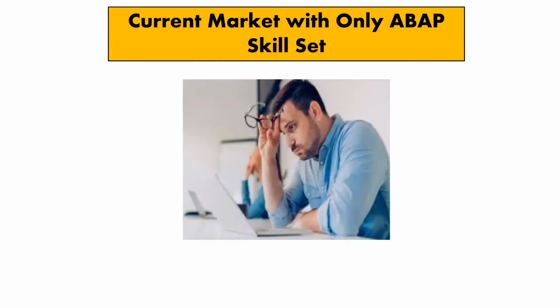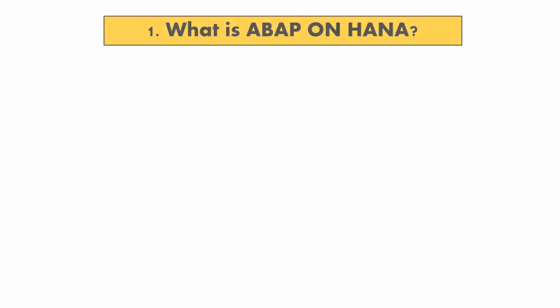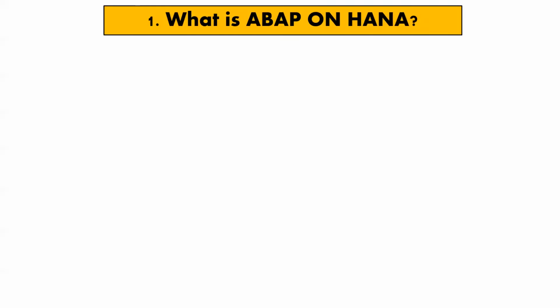Now, as we know, with only the ABAP skill set it becomes a little difficult to get a job in the current market. That's why we are looking for ABAP on HANA. HANA stands for High Performance Analytical Appliance.